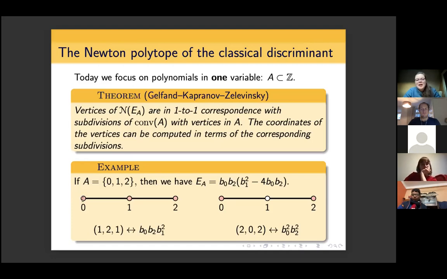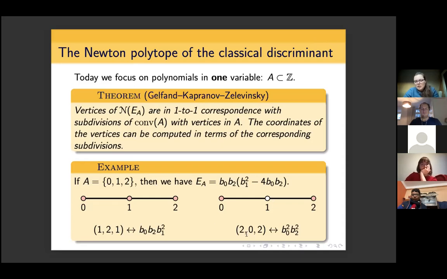We look for the total length of all intervals such that this one is an endpoint. So here, this one is an endpoint only of this interval of length 1. So we put 1 here. Then this one is an endpoint of this interval and this interval. Total length is 2. So we get 2 here. And this one is only the endpoint of this interval of length 1. Therefore, we put 1 here.